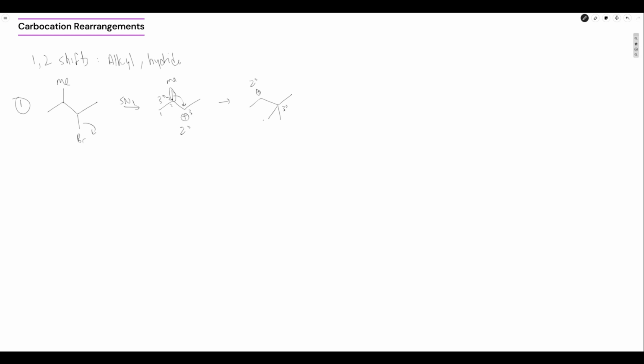Now, the other thing that can shift is the hydride. In other words, this hydrogen atom can pick up and take both of its bonding electrons with it and simply shift over like this. And in fact, if it does that, then we have finally gone from a secondary carbocation to a tertiary carbocation.